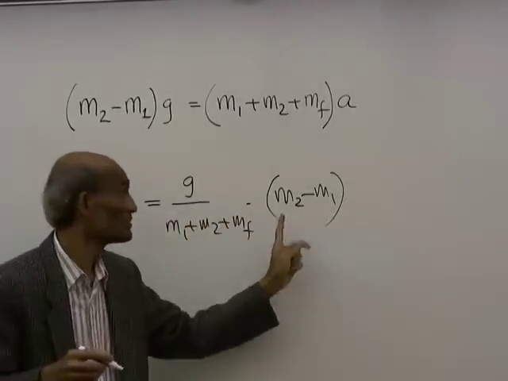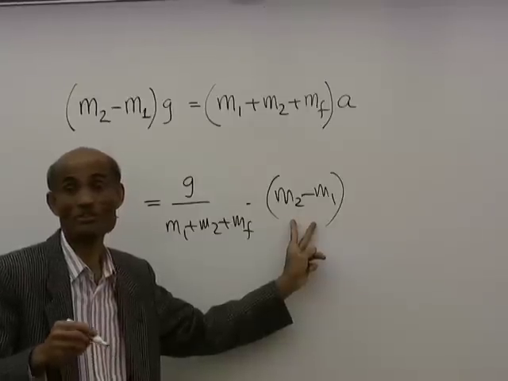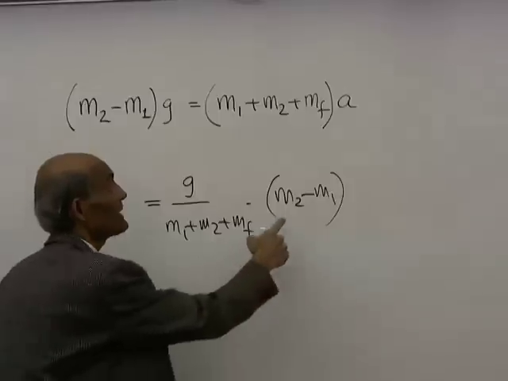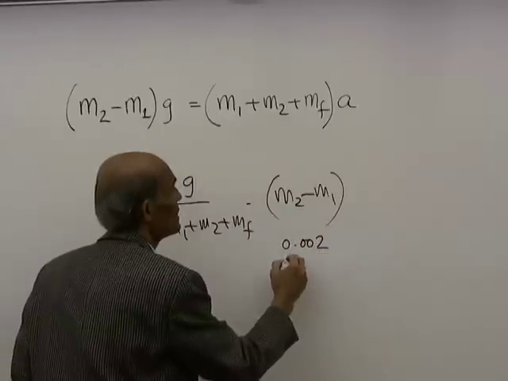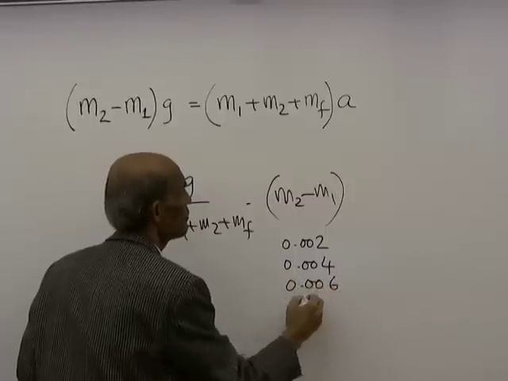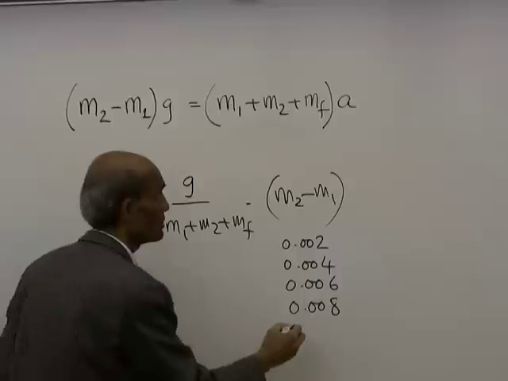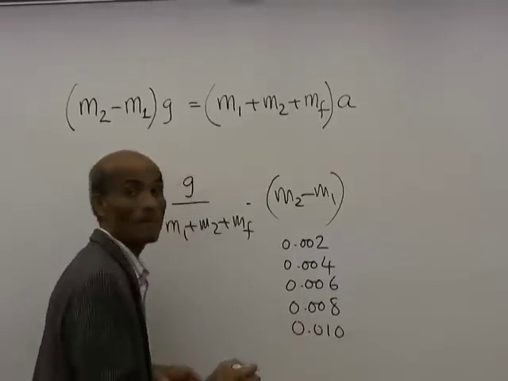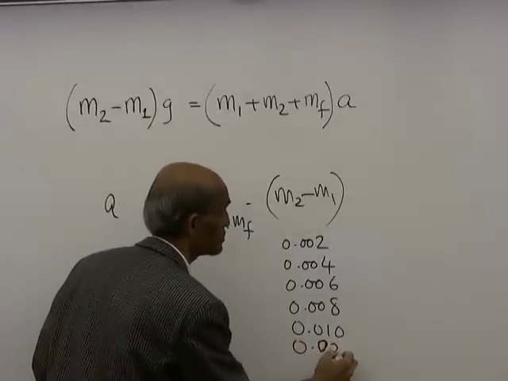We should understand that this is a small quantity. 2 grams is 0.002 kilogram. So your values of m2 minus m1 will be these values: 0.002, 0.004, 0.006, 0.008, 0.01, and finally I think 0.02.